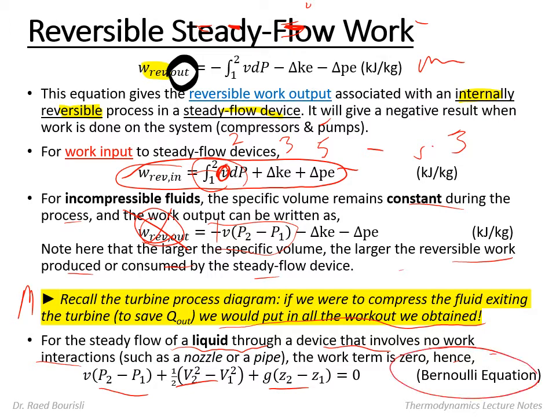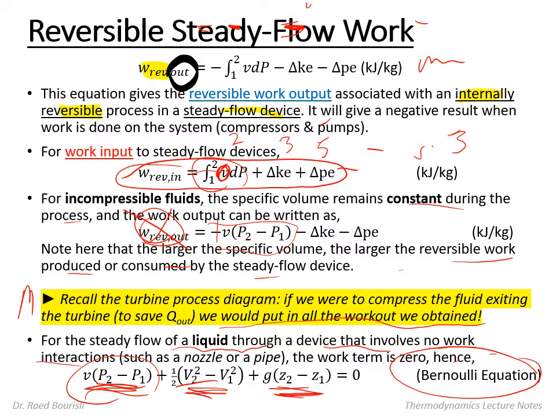This is called the Bernoulli equation, and it's used heavily in fluid mechanics. Basically, it's a conservation of energy. So you have a velocity head, an elevation head and a pressure head, and they all have to be equal.